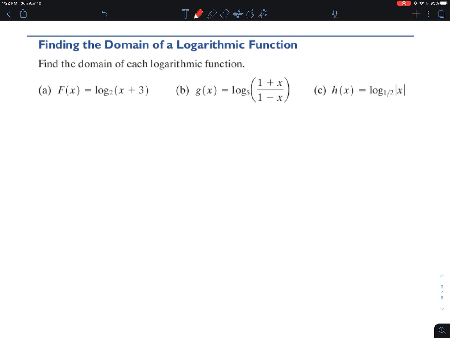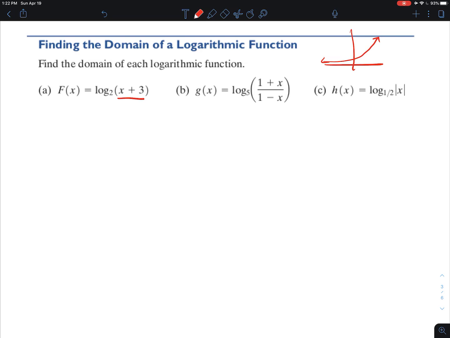Again, if you remember exponentials, they tend to look like this. So no restriction on the domain, goes left forever, goes right forever. But remember that the argument of the log, this is saying 2 to what power is x plus 3.